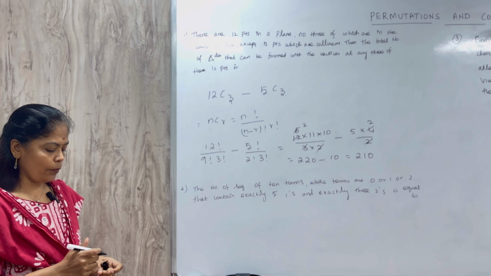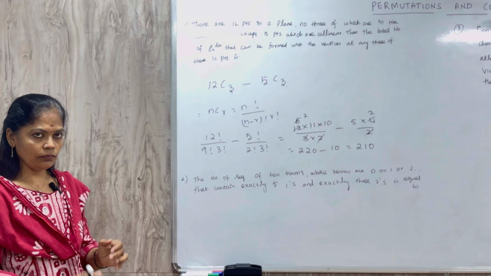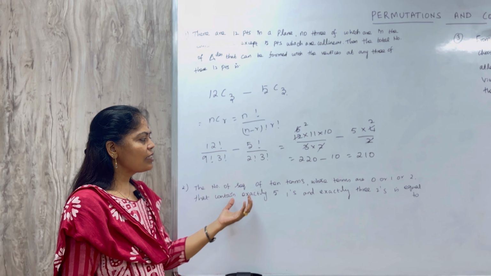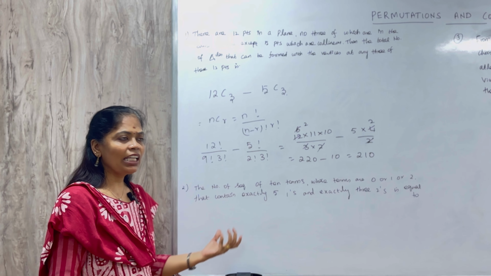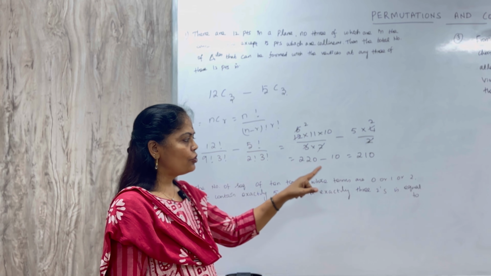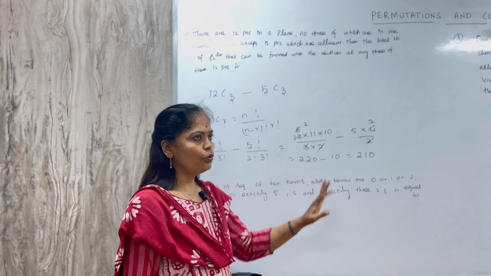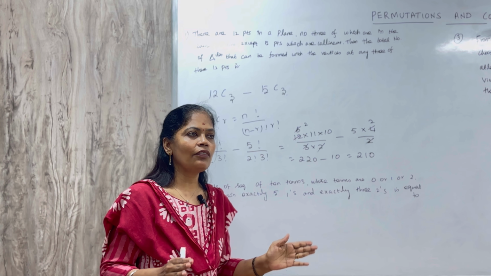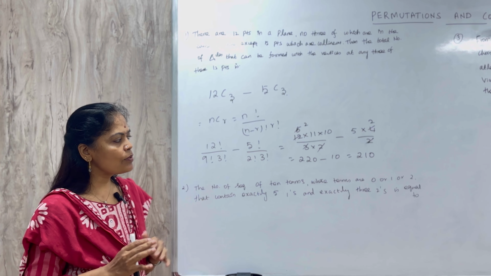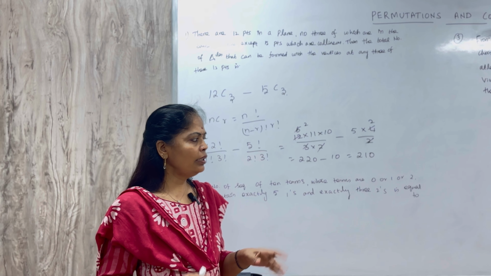Next type we will go. See the question. The number of sequences containing 10 terms, whose terms are 0 or 1 or 2. Only these 3 numbers are in the sequence. The sequence contains 10 terms, and the terms are only 0, 1 and 2.